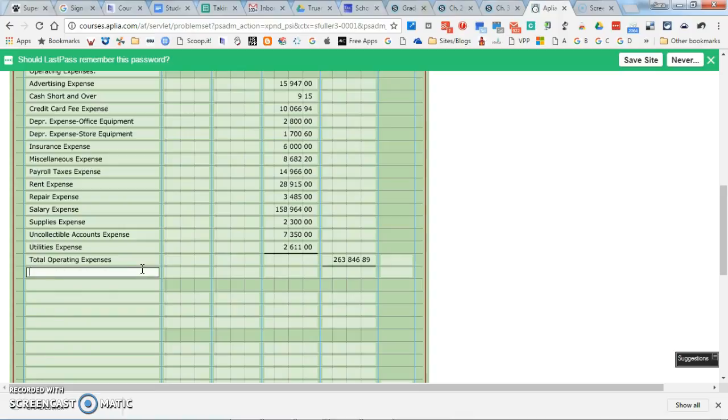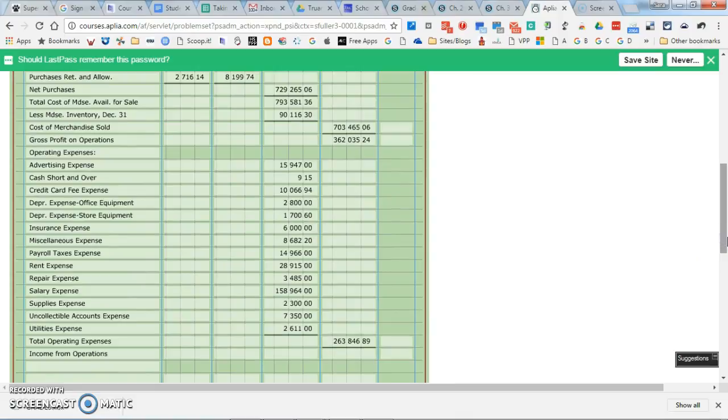Next is going to be income from operations. And so we will take our 362 minus our 268, and in the fourth column get $98,188.35.